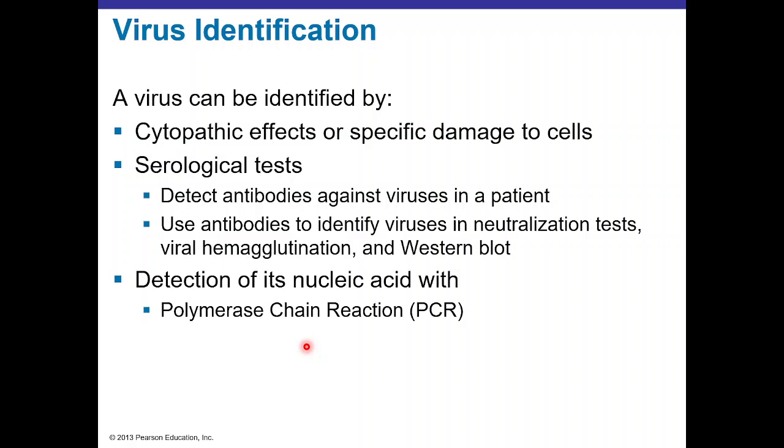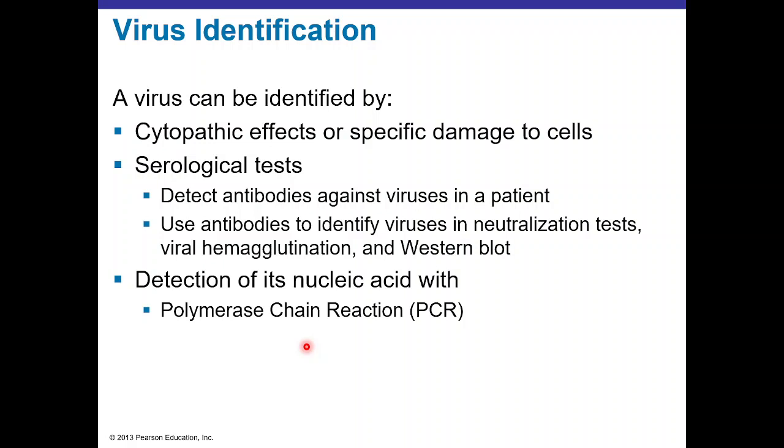And then we can use antibodies as well to identify viruses in what we call neutralization tests, or to clump red blood cells into what we call viral hemagglutination, or we can detect the proteins of certain viruses in what we call Western blot.